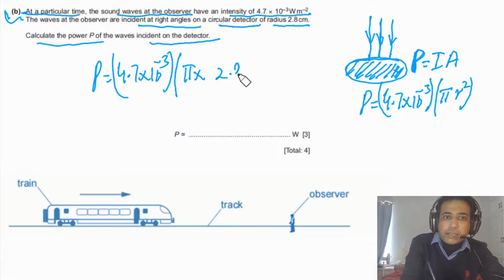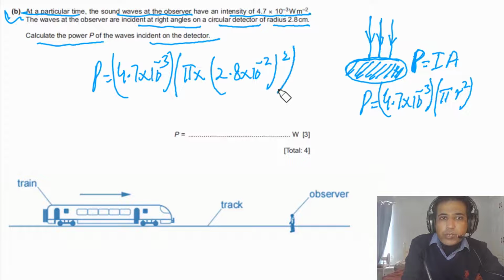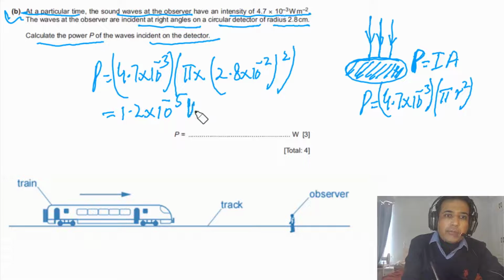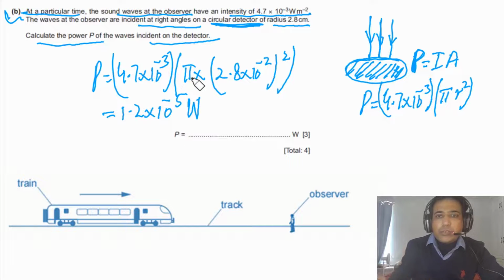R is given to us, that is 2.8. We need to convert this one into meters. So this is our radius squared. And if we solve this one, we will get 1.2 times 10 to minus 5 watts. So this is the power incident on this circular detector. So this is how you can calculate.